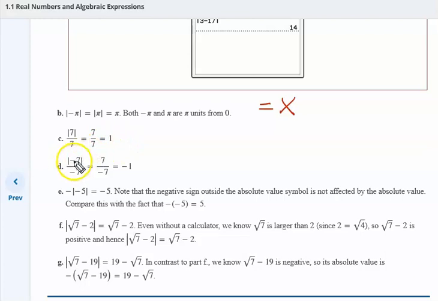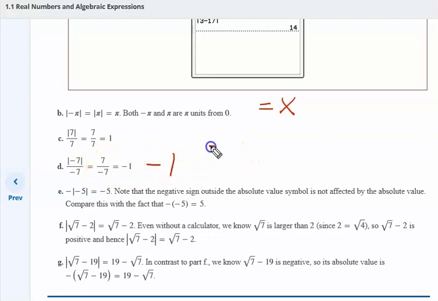Now, the absolute value of a negative 7 is 7. Divided by a negative 7, we use the rule, unlike signs, will be a negative 1. Anything divided by itself except for 0 is a 1. And watching the signs, we get a negative.